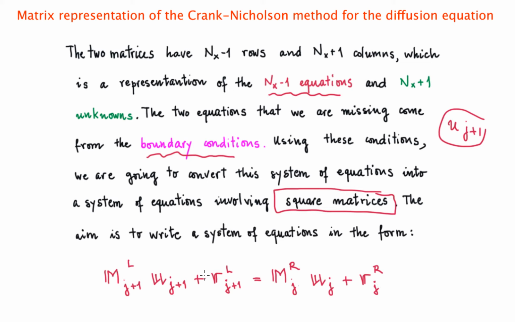As you can see, the vectors and matrices appearing on the left, which are related to the j plus 1 time, have a superscript L indicating that they are on the left-hand side of the equation. The other ones, which correspond to time j and appear on the right-hand side, have a superscript R. Later our aim is to build these two square matrices and these two vectors using the matrix representations we have just seen.